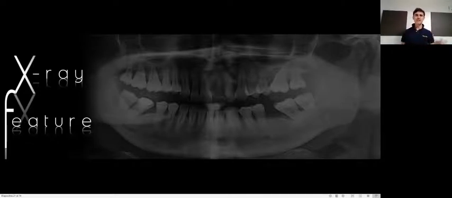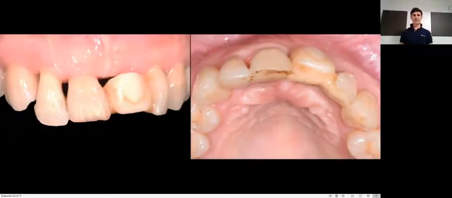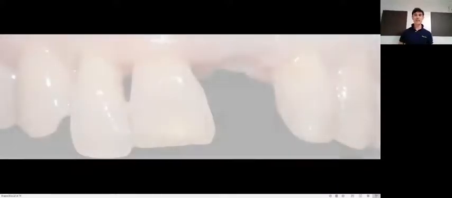and after the maturation of the tissue, the X-ray was like that, ready after 6 months for the implant. And the clinical feature is the stability of the soft tissue, but a horizontal discrepancy of the tissue is present here and needs to be corrected during the implant placement.